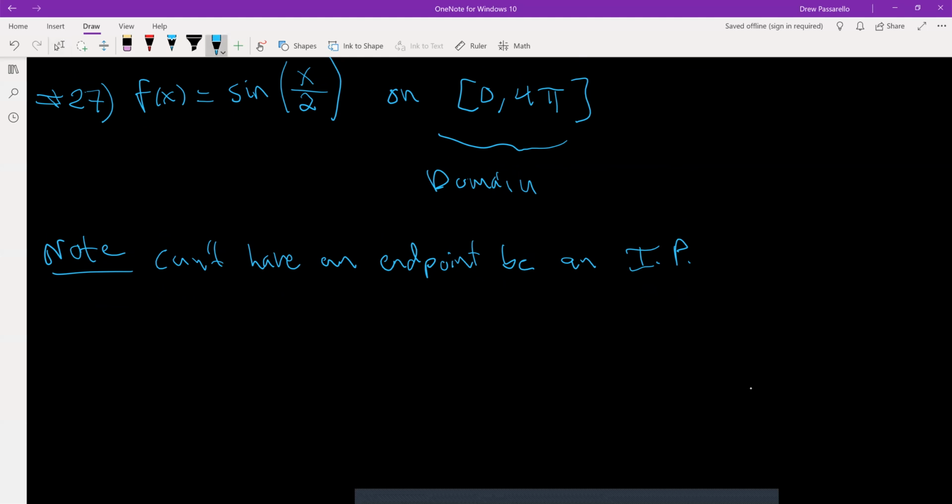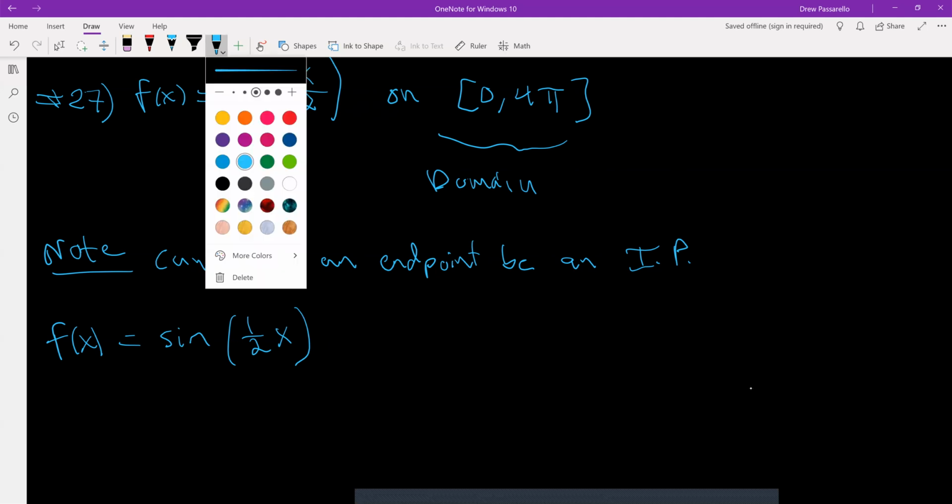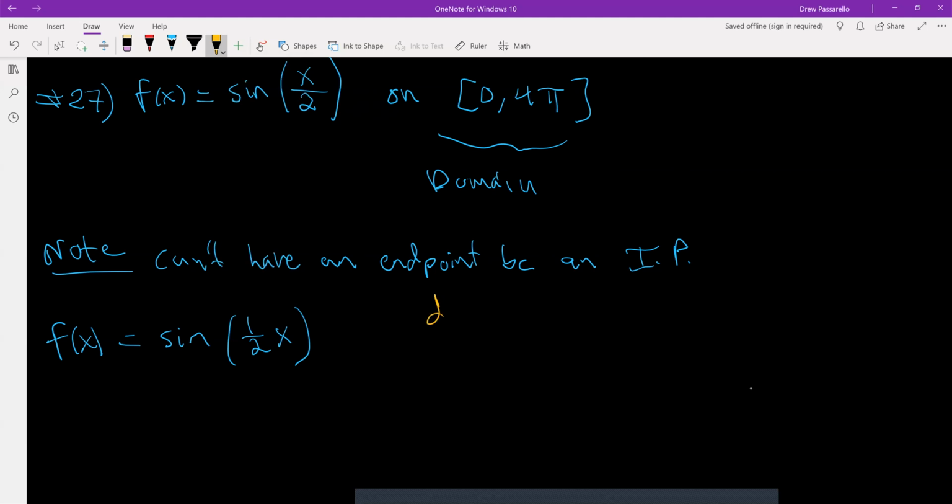Now, it might be beneficial to write it as the following. Sine x over 2 is the same thing as sine of 1/2 times x. Sometimes I like to write it like that. And the derivative of sine, if we apply the chain rule: the derivative of sine of u is cosine u times u prime.